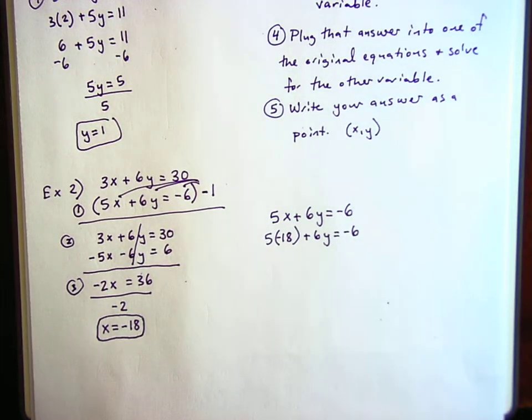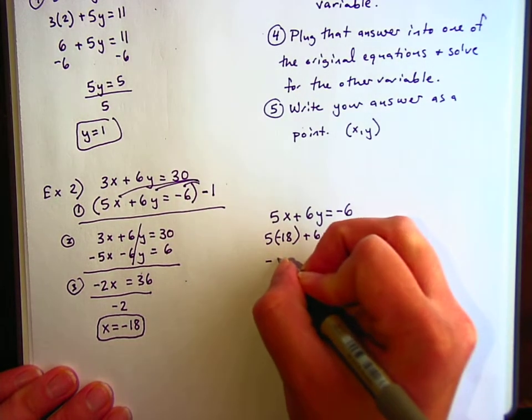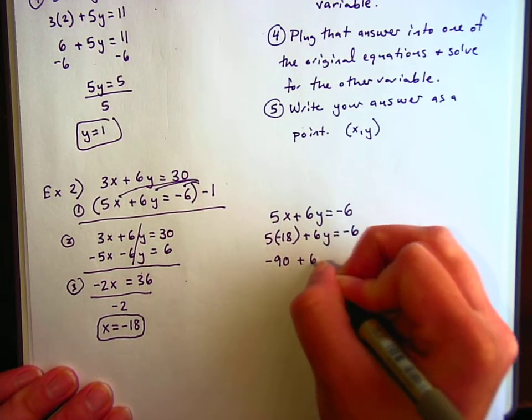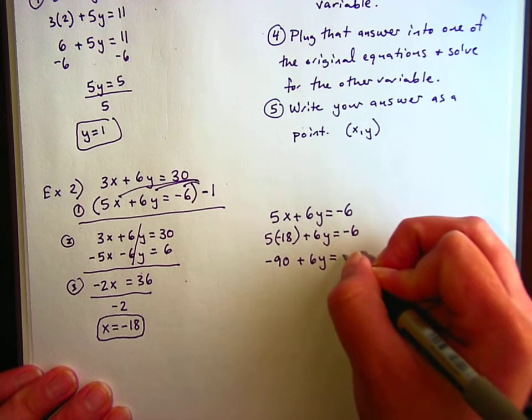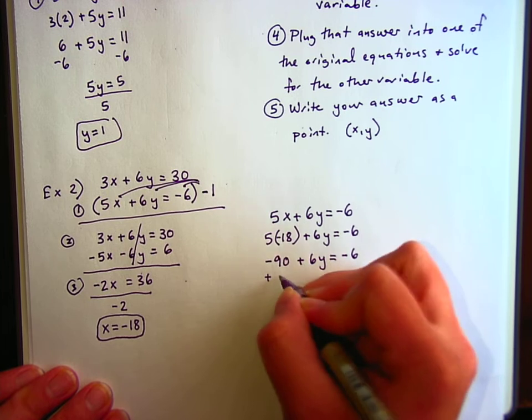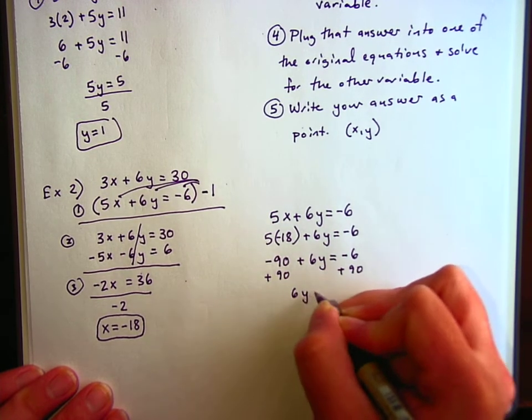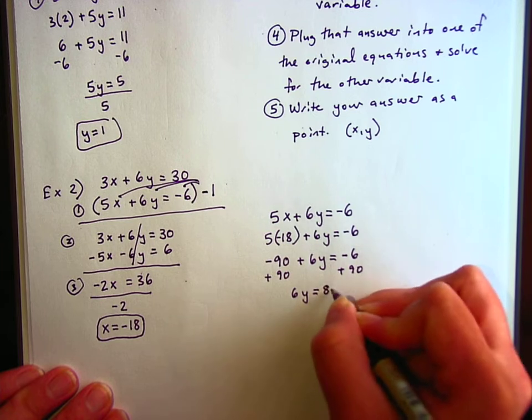So let's see. 5 times negative 18 is negative 90 plus 6y equals negative 6. And then if I add 90 to both sides, I get 6y equals 84.